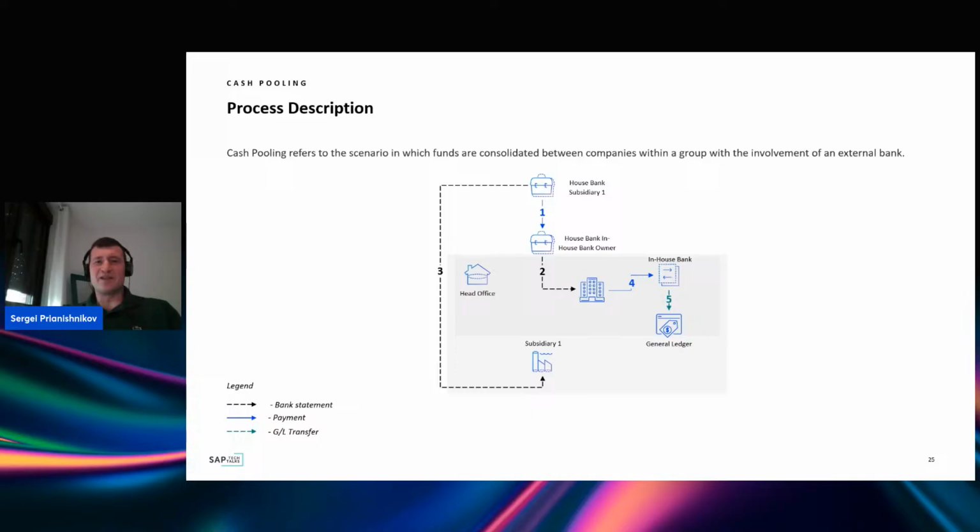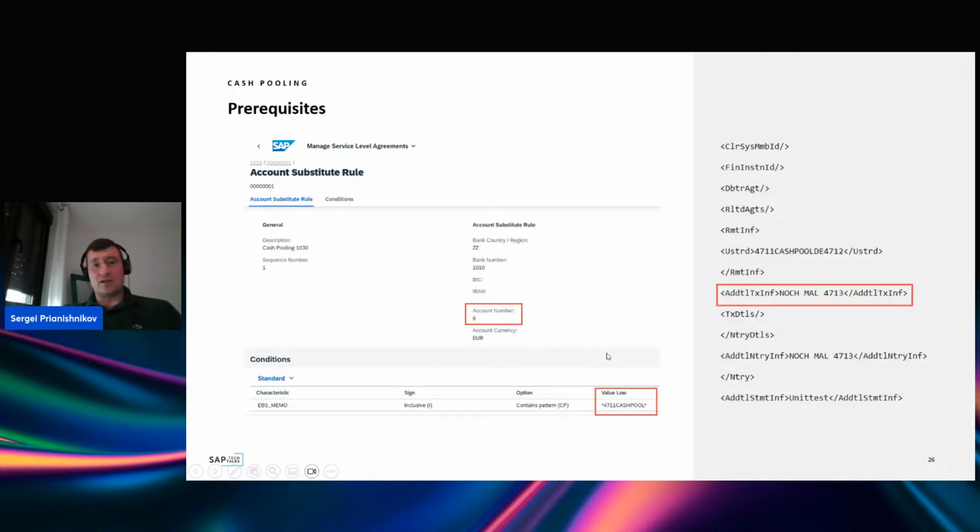In my example, this amount will be added to the in-house bank account balance. In the fifth step, the in-house bank executes the general ledger transfer. And in the sixth step, the system generates an internal bank statement and sends it to the subsidiary. Let's take a look at these steps in detail.